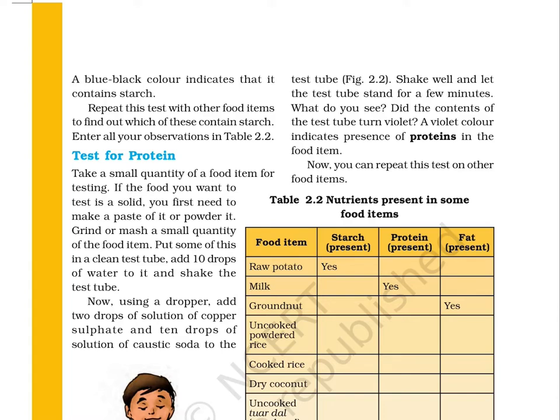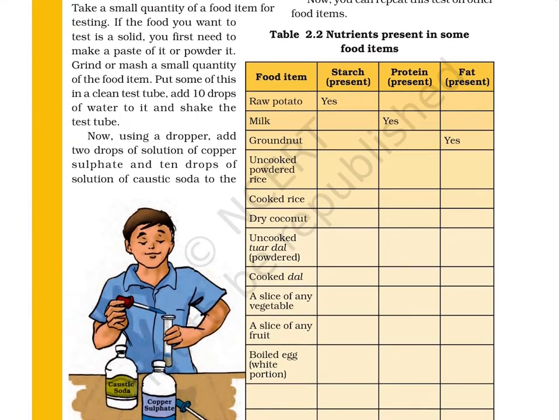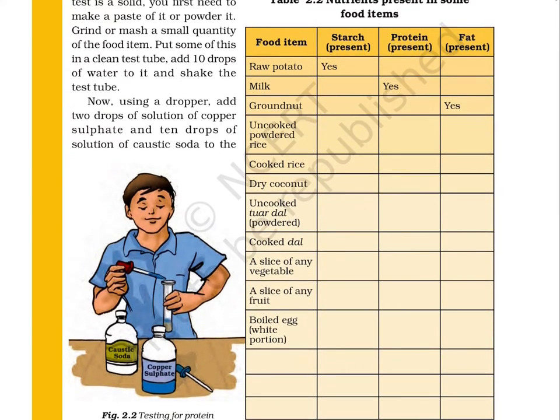Table 2.2. Nutrients present in some food items. There are 4 columns given in this table: food item, starch present, protein present, fat present. Food item, raw potato.